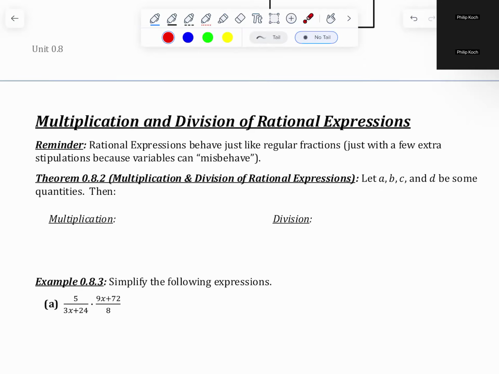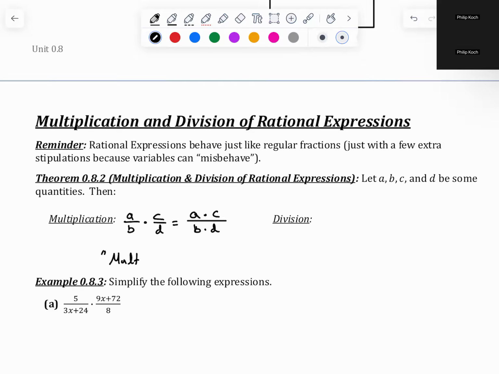Then, if you have A over B times C over D, that is equal to A times C divided by B times D. So we multiply across. Just like usual. We're not learning anything new. We already knew that to multiply two fractions, you multiply across. It's still true.